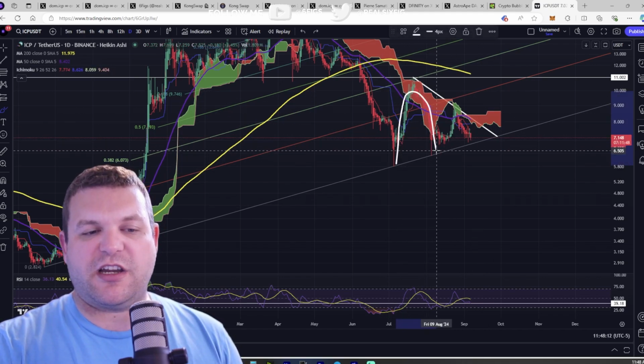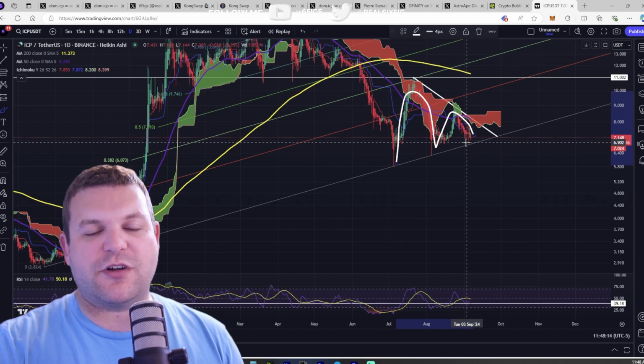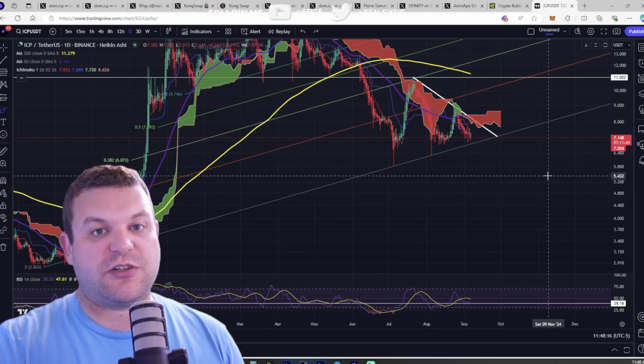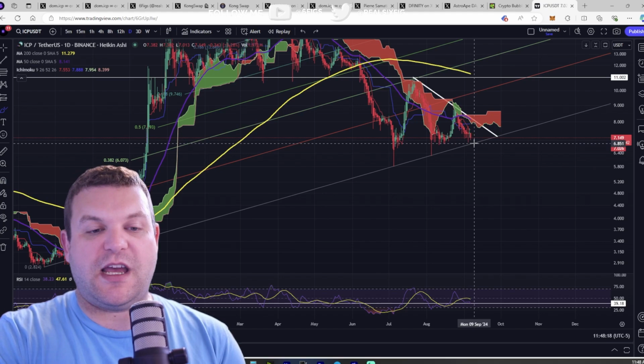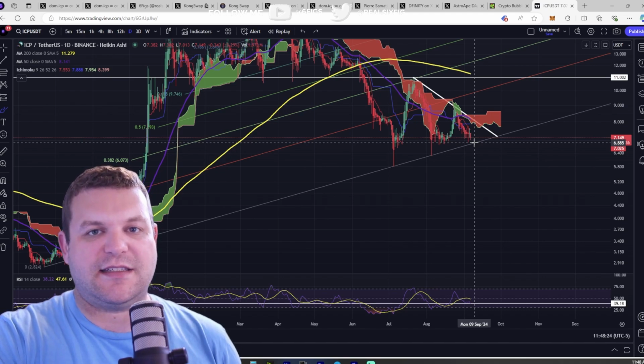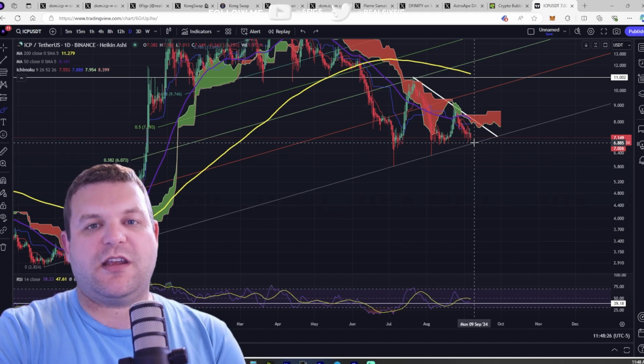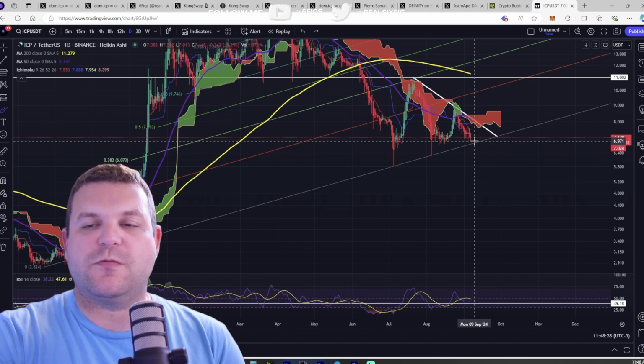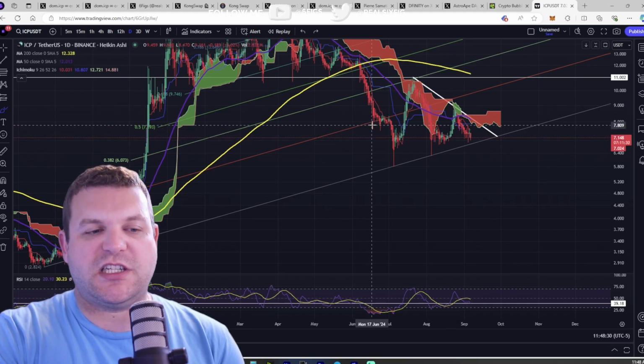You could almost argue that there could be even an inverse cup and handle, which is bearish. But if we do not break past like $6.88, and I'm just going to go out on a limb, over the next week, I feel like we are going to run what's called a Fibonacci sliver.